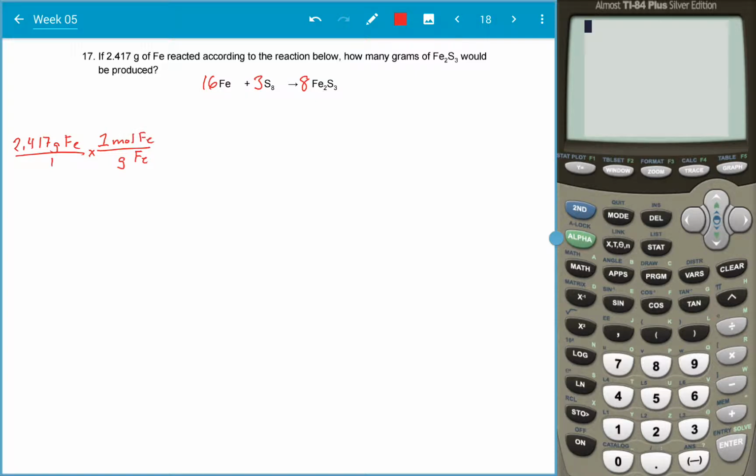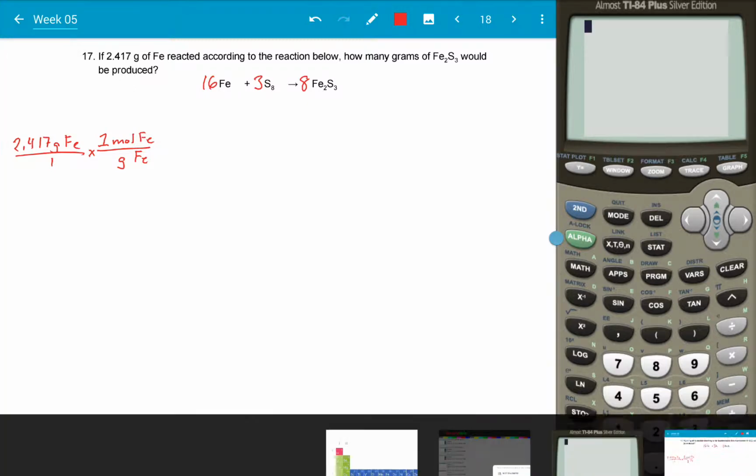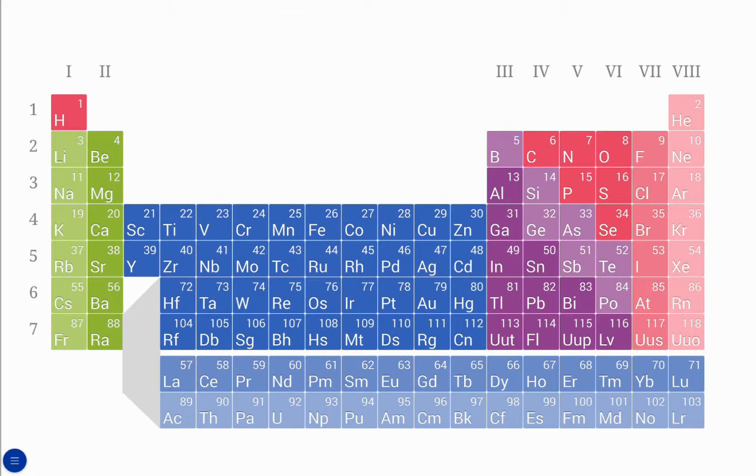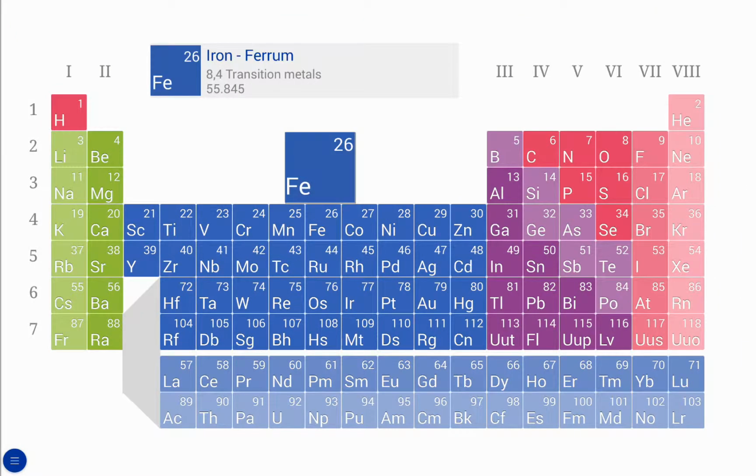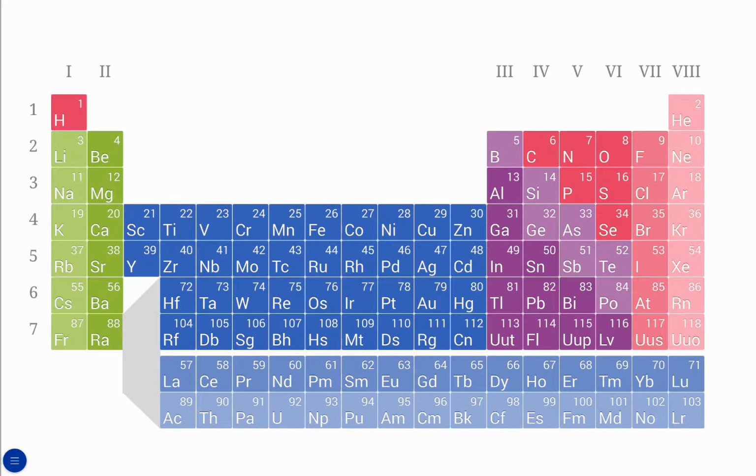And using Avogadro's number of 6.022 times 10 to the 23rd, it allows us to take all the atomic masses on the periodic table and treat them as gram masses for 1 mole of each substance. So if we go to the periodic table and look for iron, we can see that it has a mass of 56 grams per 1 mole.